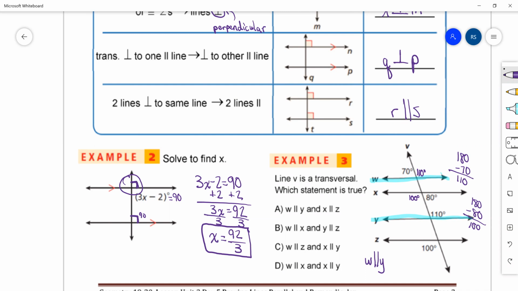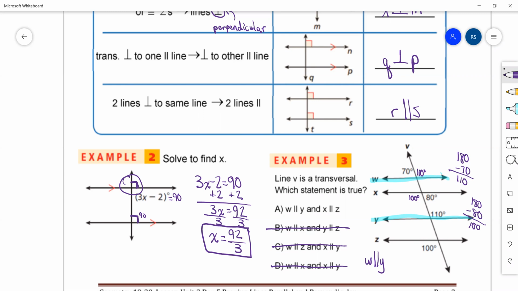So if our answer choice doesn't say it, then we can cross it out. B doesn't say it, so cross it out. C doesn't say it, cross it out. D doesn't say it, cross it out. Looks like we already have our answer, but just double check.